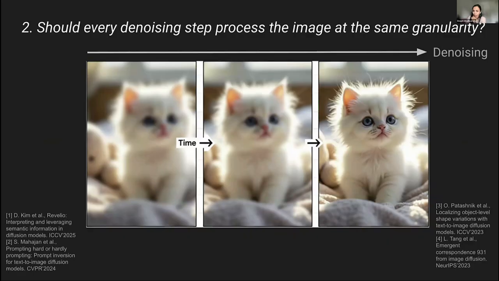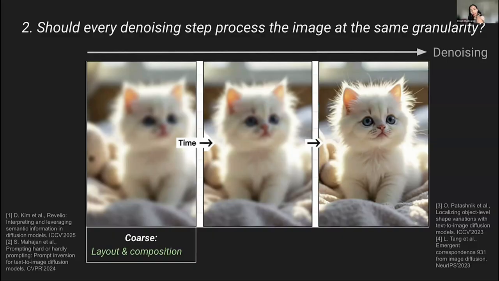So there are works, some that we have studied, and some of our colleagues, which have established that the way an image or video evolves during the generation process is non-uniform, in that the earlier time steps paint out the coarse scene layout, and it's only in the later steps that the finer grained details are generated.